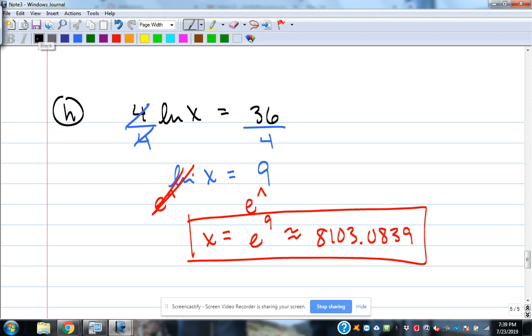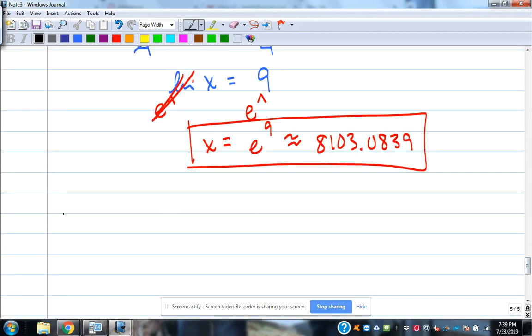So if we had a problem like this, where we had log base 3 of x plus 6 equals 5, we have a base on the log of 3, so we're going to exponentiate with a base of 3.